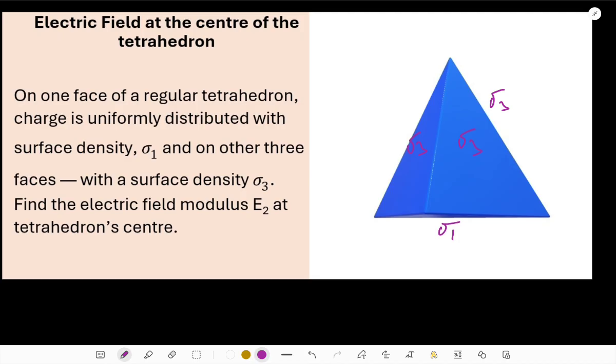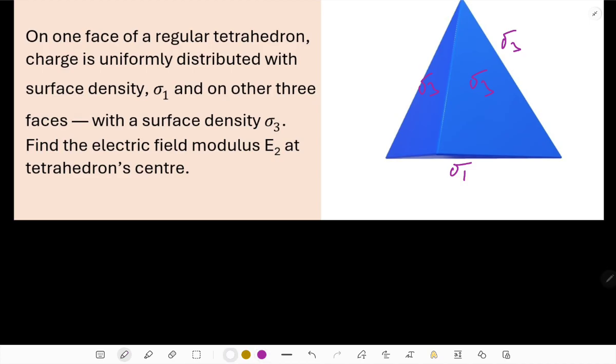And so we can also write, as we did in the previous problem, the electric field at the center due to this surface charge density sigma 1 is going to be k sigma 1 multiplied by the solid angle 4 pi by 4.